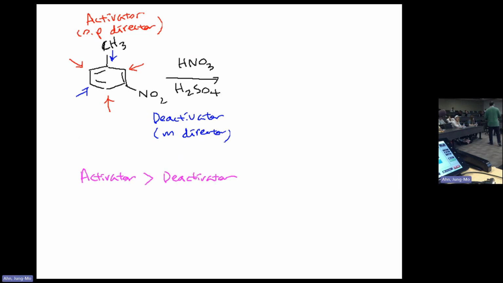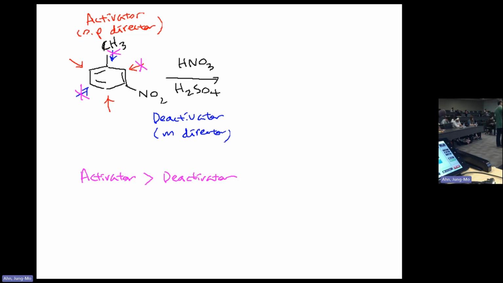So we usually listen to the voice of the electron donating groups, the activators, instead of the electron withdrawing groups, the deactivators. So the methyl group is an activator, which can stabilize it. That's where the preference is going to be dominated, not by the one that destabilizes intermediates.